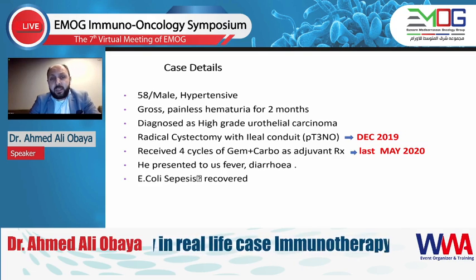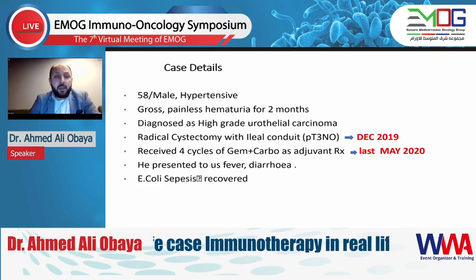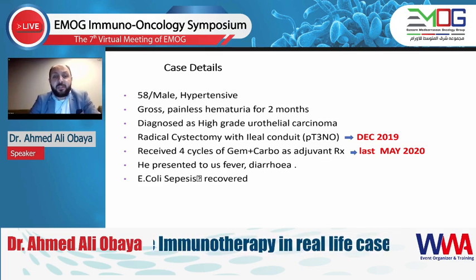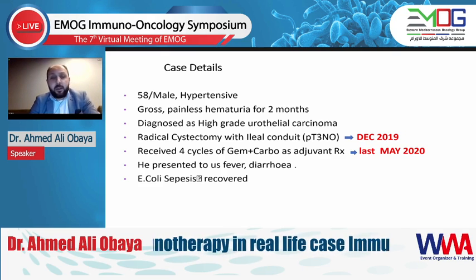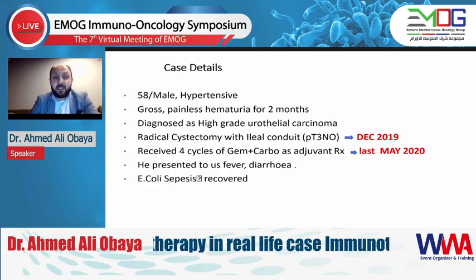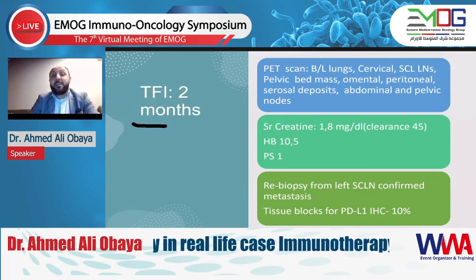He received 4 cycles of adjuvant gemcitabine-carboplatin, in last May. Then he presented to the hospital with fever and diarrhea and was diagnosed as E. coli sepsis. After 1 month of treatment, he recovered and presented to us complaining of generalized weakness and fever again.